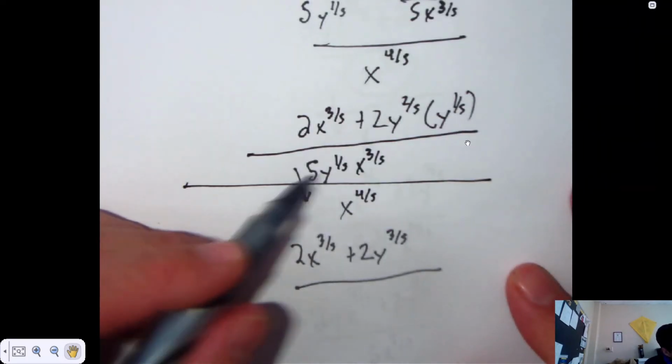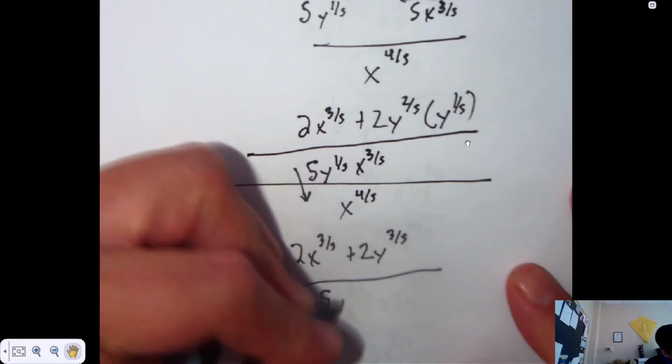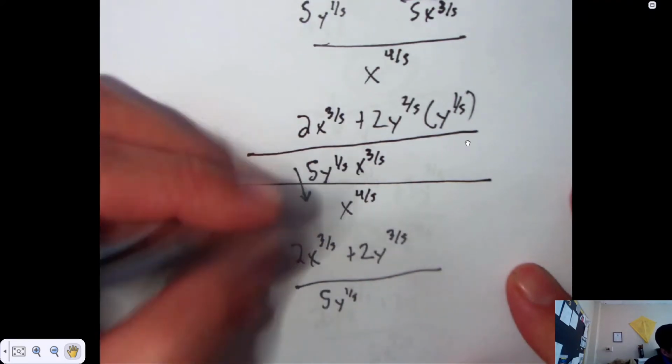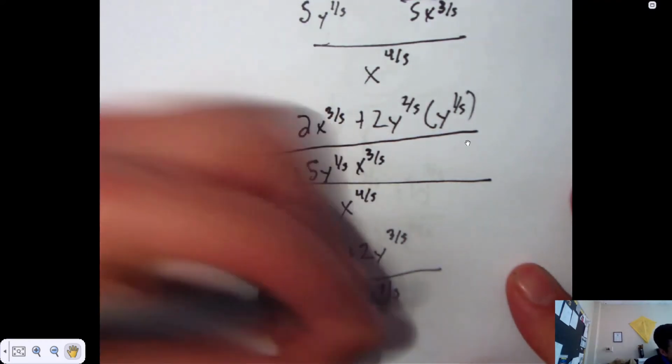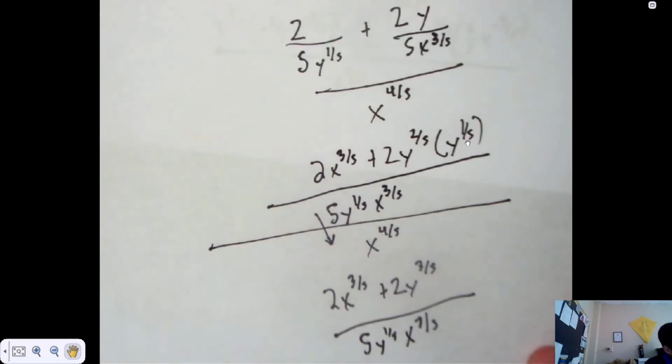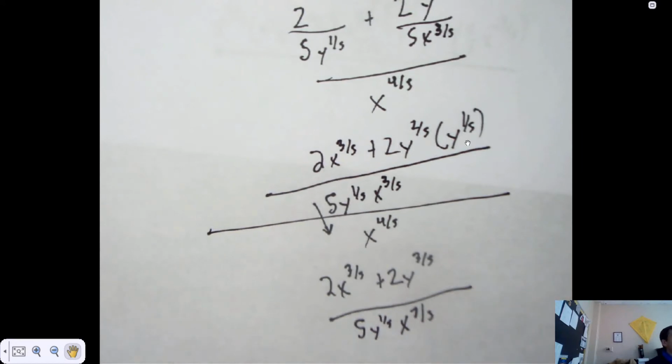The bottom, we're going to have the 5y to the 1/5. And we're going to have that x to the 7/5. No, nothing's missing. It's just a simple little mistake on a sign change. So those problems are tedious and prone to it.